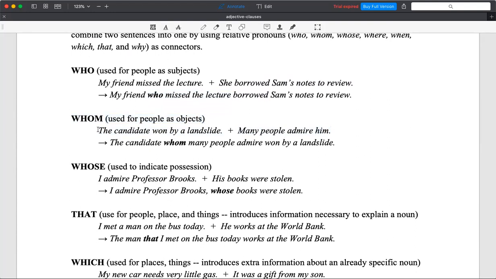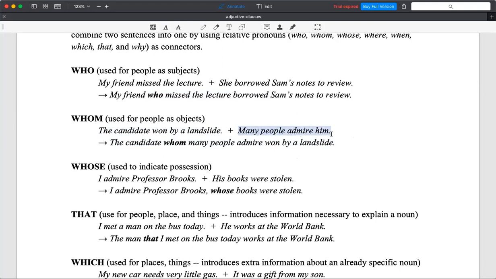I'm describing the candidate who won by a landslide. So my sentence would be, the candidate, whom many people admire, won by a landslide. So whom many people admire is specifically an adjective clause. It is exactly the same second sentence, but I place whom because it is the object case.